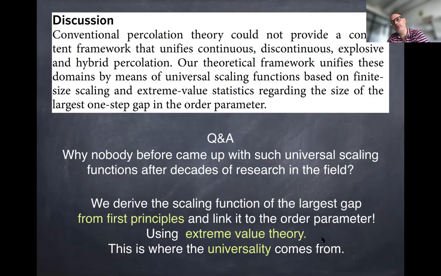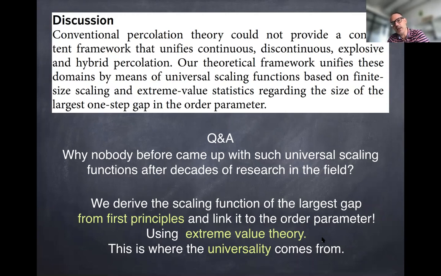There are only three distributions it can follow. And you check which case is valid for percolation for the largest gap, which is an extreme value of this order parameter curve, right? Because it's the largest gap. And that's it. That is the idea.